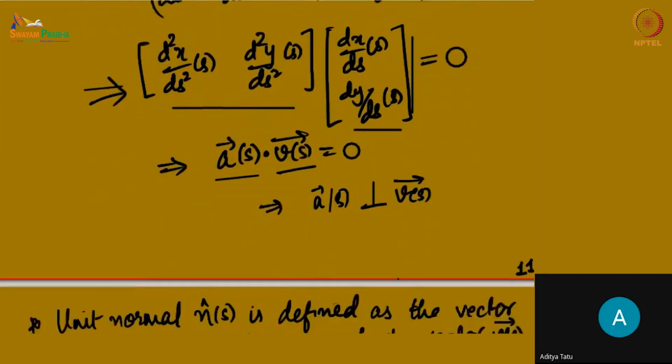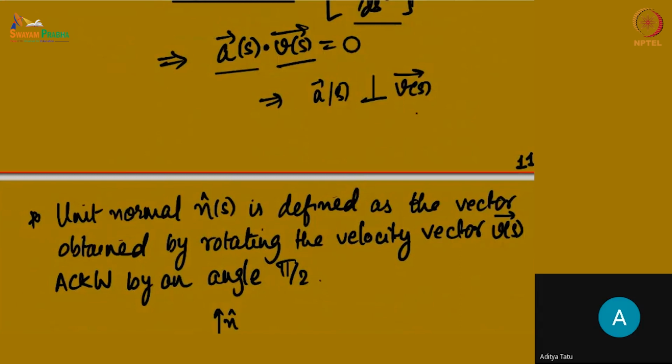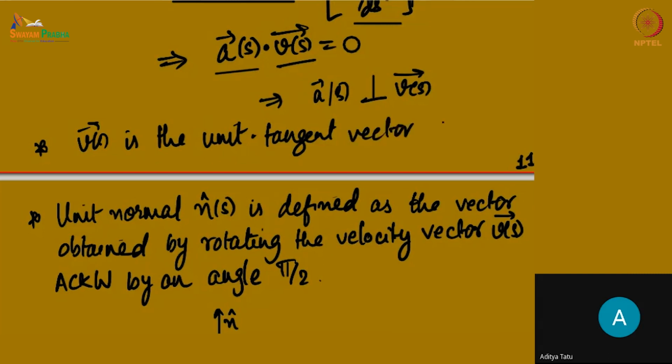So then let us look at another vector which is perpendicular to the velocity vector. And here I am again using the fact that your velocity vector is nothing but the tangent vector to the curve. Is that fine?